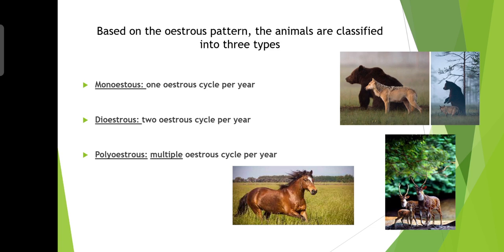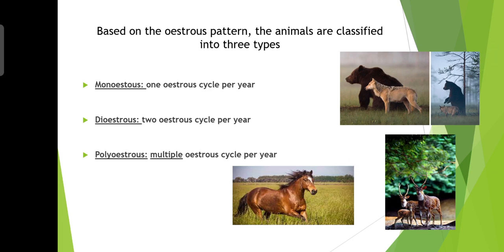Diestrous animals have two estrous cycles in a year, for example, the dog. And polyestrous animals have multiple estrous cycles per year, for example, the pig, cattle, goat, horse, and cat.